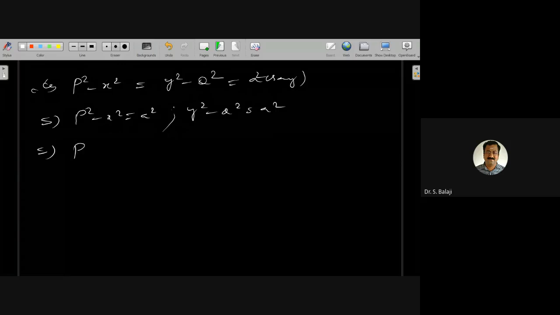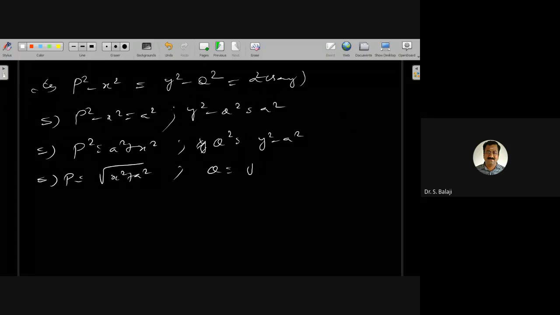So p is the square root of a square plus x square, and q is the square root of y square minus a square. We take the positive roots.